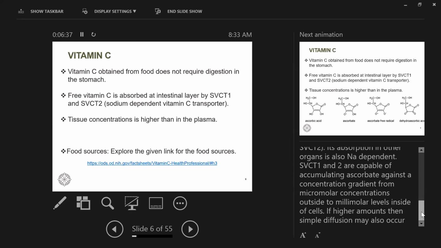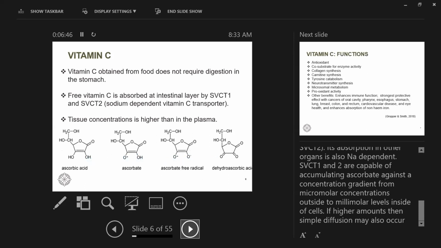If the body thinks that somebody is fighting an infection and they need too much of vitamin C, then vitamin C can go inside the body even by simple diffusion. And I'll go through that in coming up slide where we discuss absorption in detail.